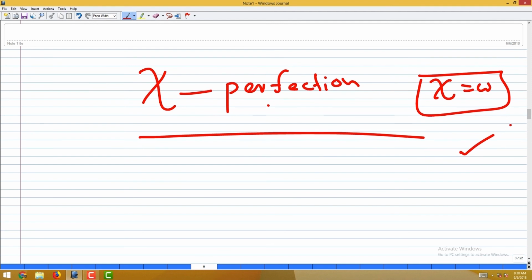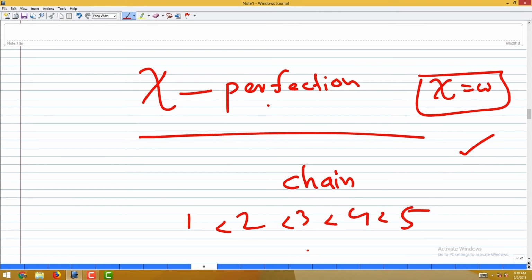That means in the partial order terminology it is called a chain. Why is it called a chain? In the less than or equal to relation on natural numbers, 1, 2, 3, 4, 5, etc. is a chain, because we can order them one after the other.